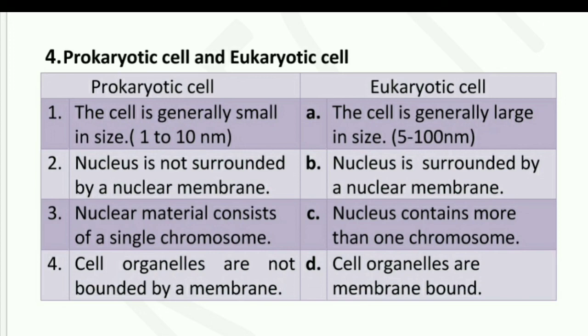And in eukaryotic cell, cell organelles are membrane bound. So children, these were the 4 points to distinguish between prokaryotic cell and eukaryotic cell. Understood children? So you need to learn these differences between all these 4. Okay, any one may come in your exam. So learn it thoroughly children.